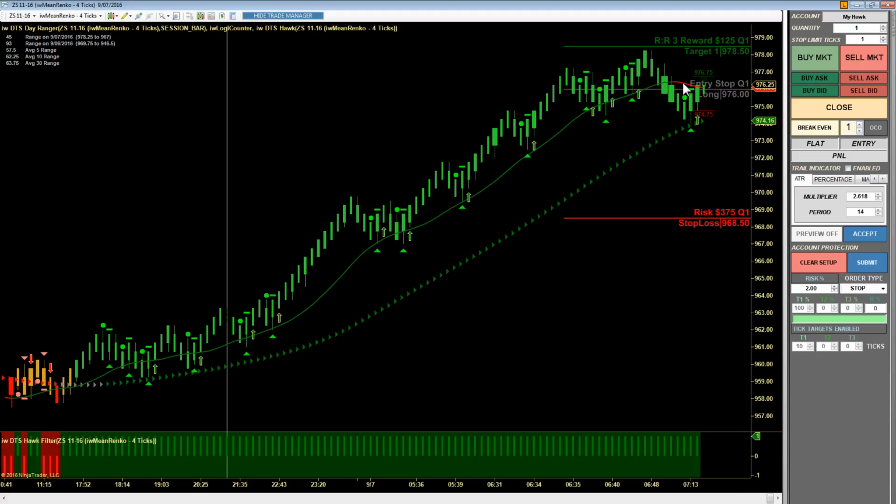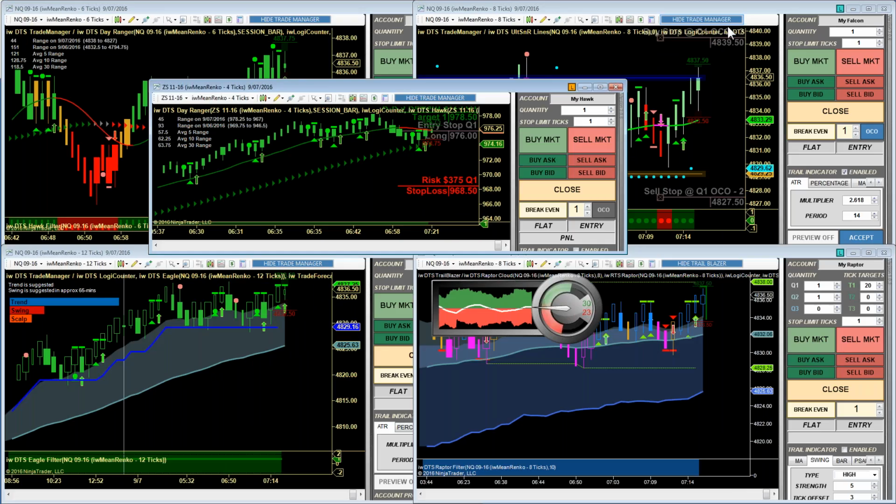So the macro pullback occurs when the micro line, that's this thin one, goes out of sync, but everything else stays in sync. So it's pretty easy to identify. We generate a signal, and we would anticipate, at least on the Hawk scalper here, a short-term rally.